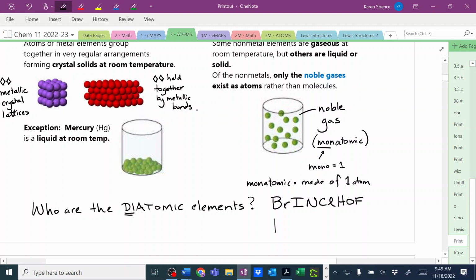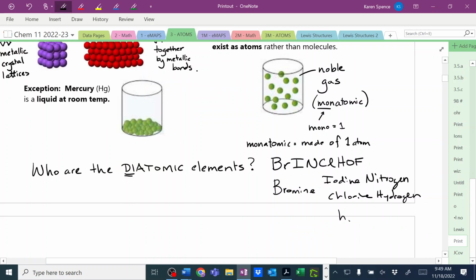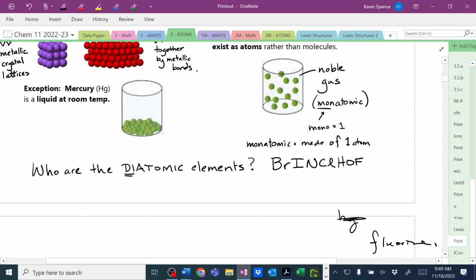We have bromine, iodine, nitrogen, chlorine, hydrogen, oxygen, and fluorine. I'm sorry, that's so messy, but they are listed for you elsewhere. So I'm just going to erase that because it's really irritating me.